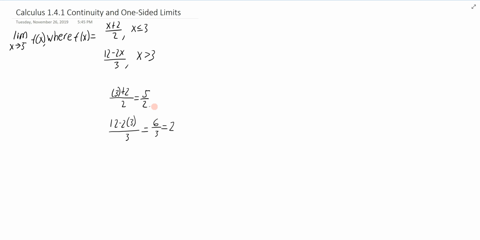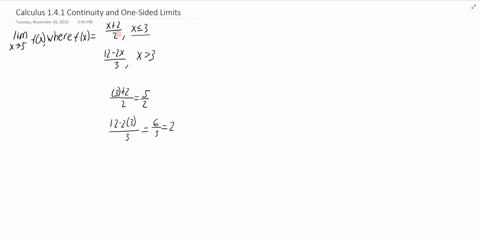All we've got to do is look back to the problem. We're looking at the limit as x goes to 3 from the left. So that means we're looking at it when x is less than 3. Thankfully, the piecewise function we've been given provides for this. As you can see here, we have x is less than 3, and that's represented by this function. So we can use this function to figure this question out.